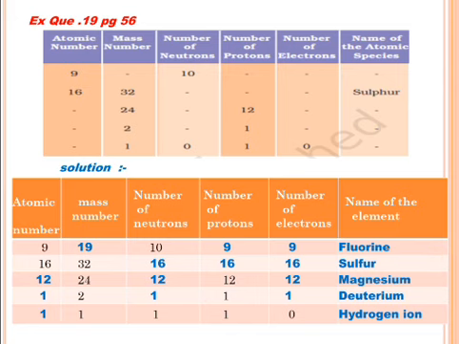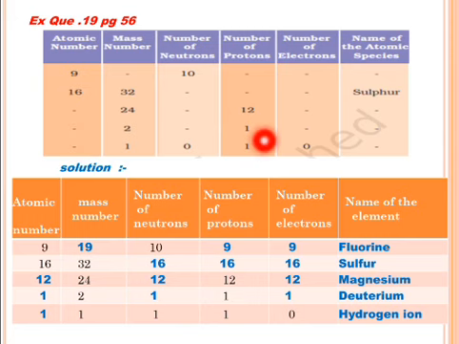Similarly, you can see the next part of this question. Again atomic number is not given, mass number is given, number of neutrons is not given, protons are given, number of electrons and name of the element are not given. So students, from the number of protons you can know the atomic number of this element, that is, if number of protons is 1, atomic number is 1.